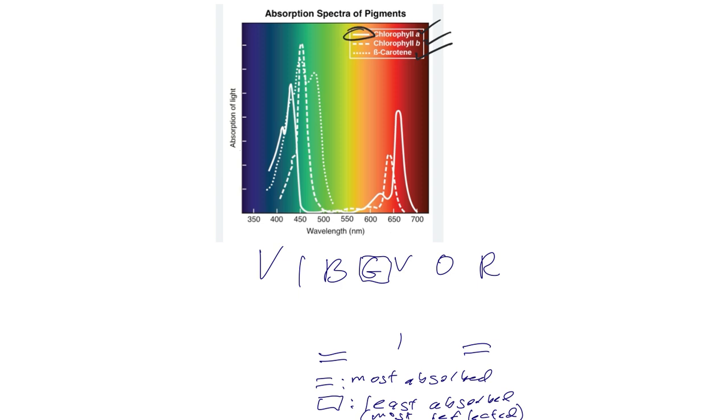If you look at this, this is the amount of light absorbed across Roy G. Biv. You can see that it peaks in the indigo blue region. There's a little peak here, but mostly blue. And it also peaks in the red.